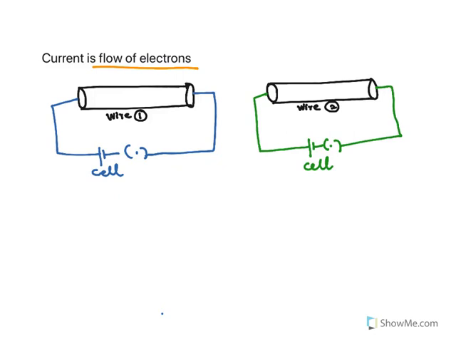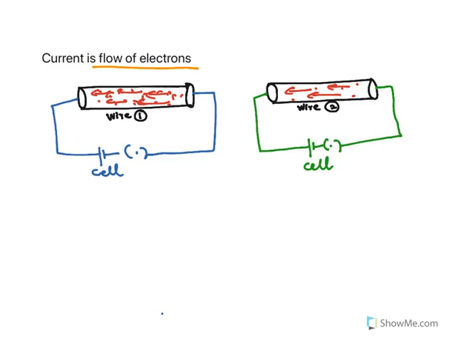Now here we have two wires. We have wire 1 and here's wire 2. In wire 1, a large number of electrons are flowing. A lot of electrons are flowing in this wire. However, in wire 2, there are just a handful of electrons flowing.